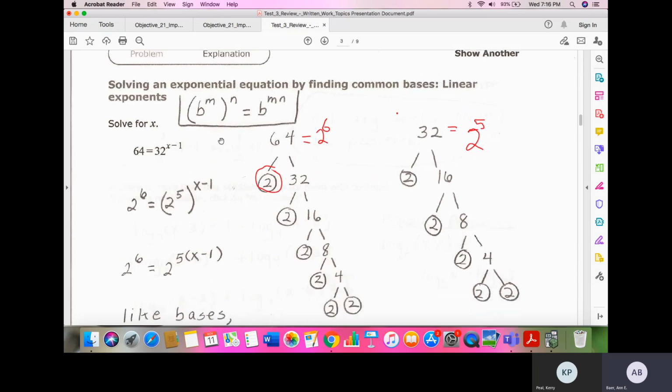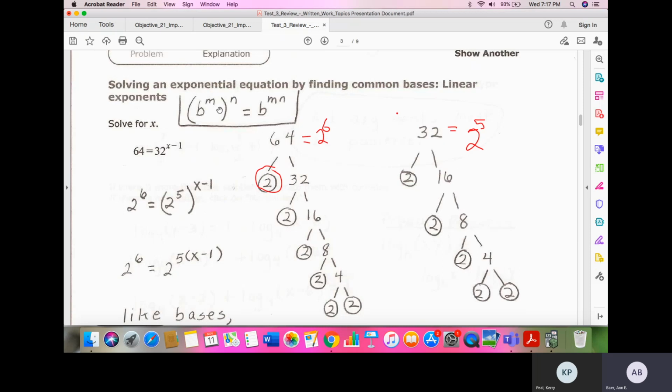So what do we have here? If you notice right here on this side, this looks a lot like the rule for exponents that we talked about, where you've got a base to a power, with parentheses around it, and that's raised to a power. The entire base here, 2 to the 5th, is raised to a power x minus 1. So our m is 5, and our n on the outside is x minus 1.